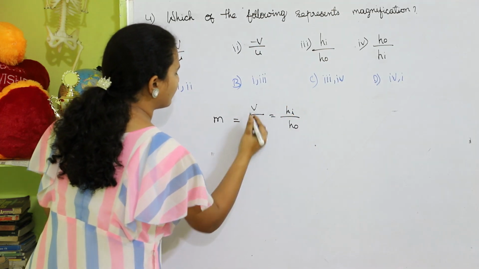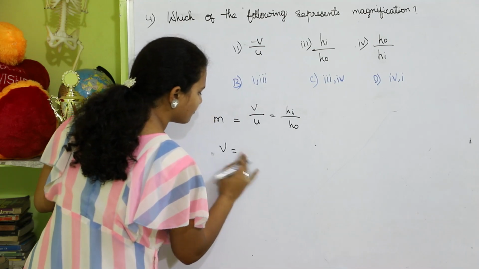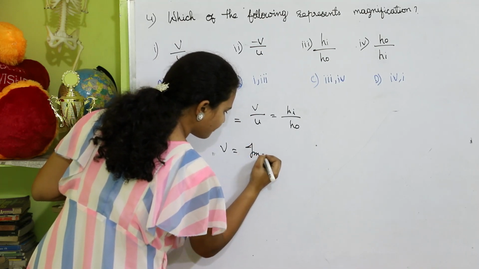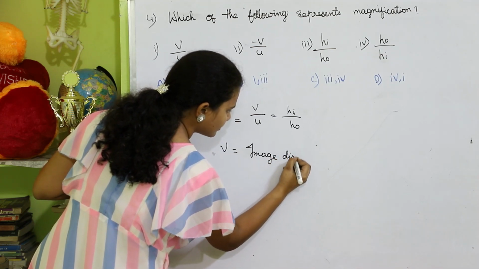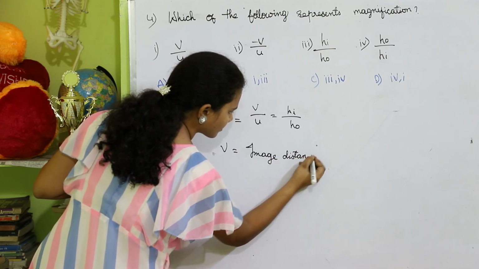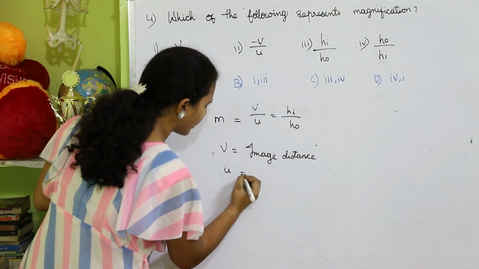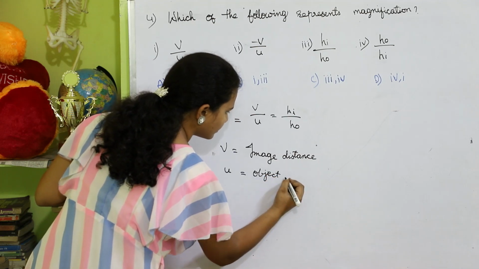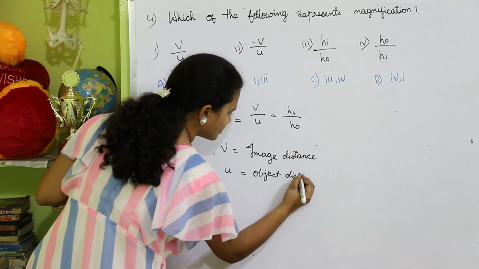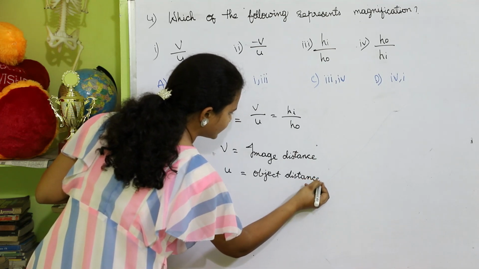Clear? Where V equals image distance, right? And U equals object distance.